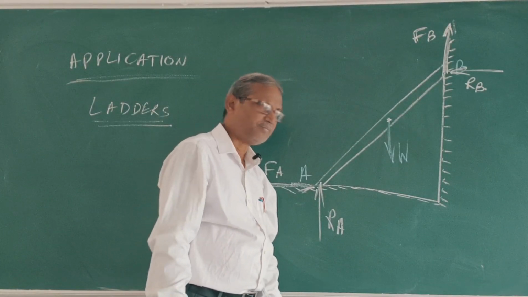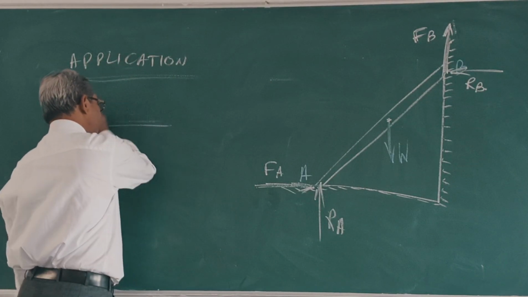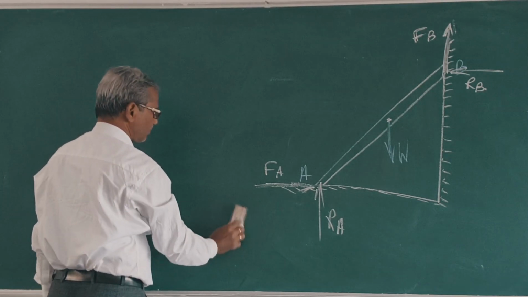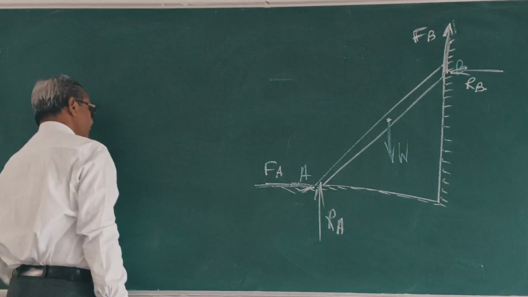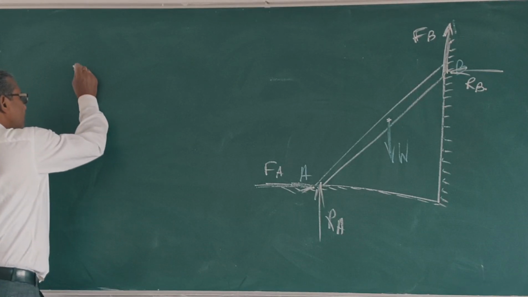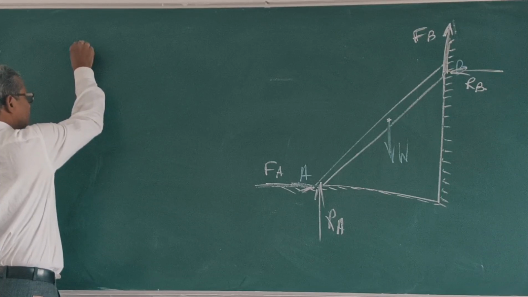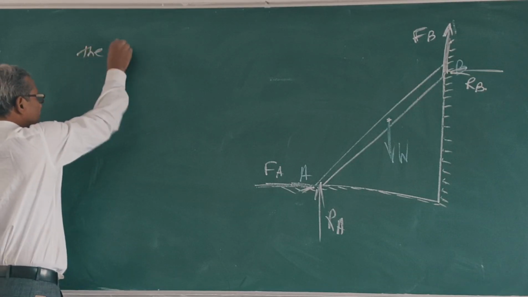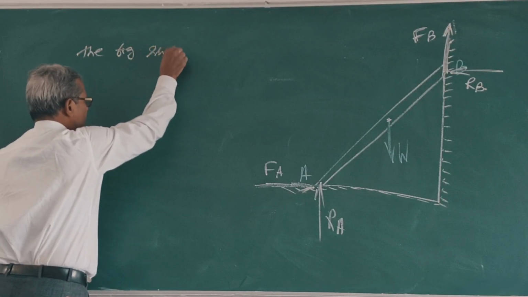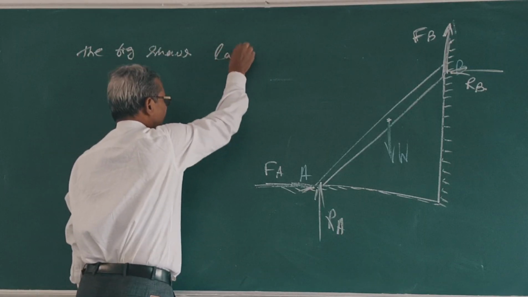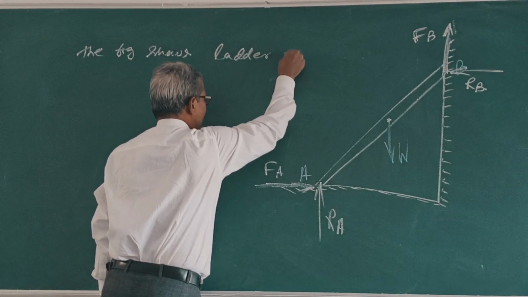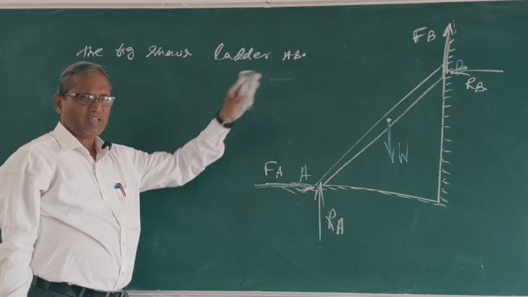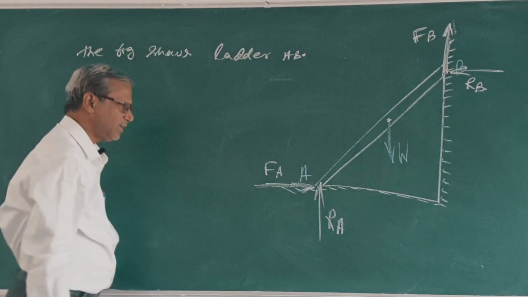Clear? Now I will give the theory. The figure shows ladder AB. Clear?